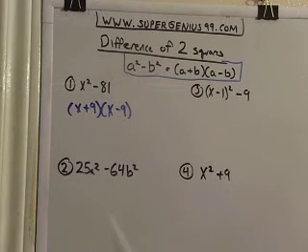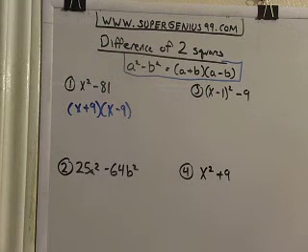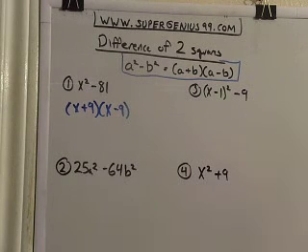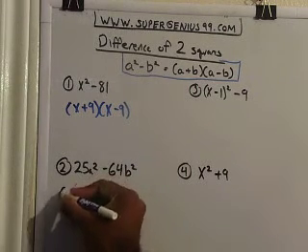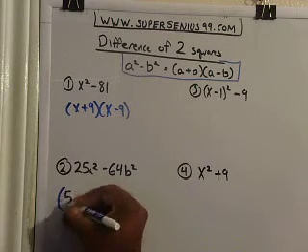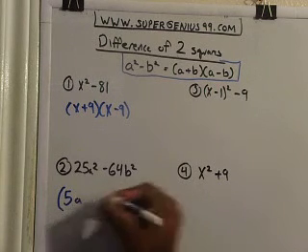So I have 25a squared minus 64b squared. Okay, here we got a few more variables and numbers. That's okay, we can handle that. So I just look at the 25 here. Okay, what was squared to give us 25 if it is a perfect square? Well, to me it looks like 5. 5 times 5 gives us 25. And then we have the a squared. Well, once again, a variable squared is just a variable.